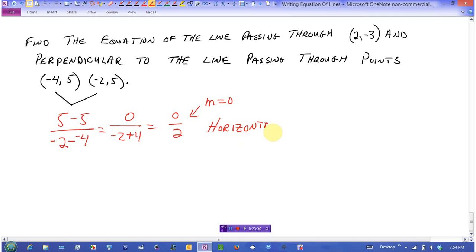And I am perpendicular to that line, so my line must actually be a vertical line. And it's passing through the point (2, -3). So think about this. If I have a line that's passing through the point (2, -3), and it's a vertical line, that line must have the equation x equal to 2.